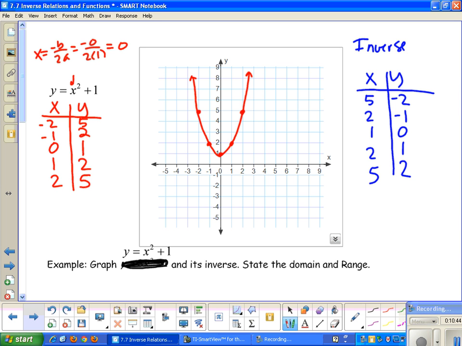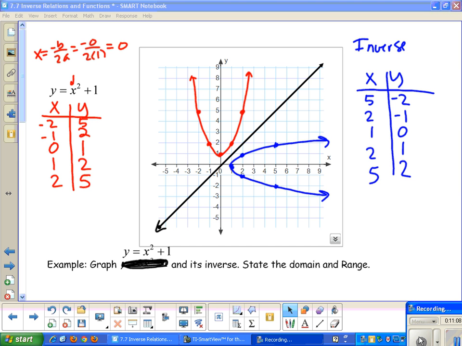So when I graph this, I get (1, 0), and then I have (2, 1) and (2, negative 1). Then I have (5, 2) and (5, negative 2). And this would be the graph for the inverse.